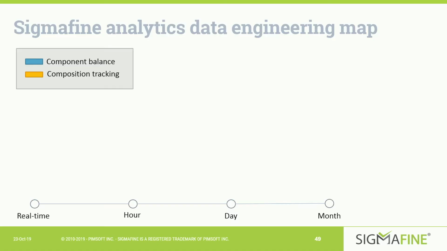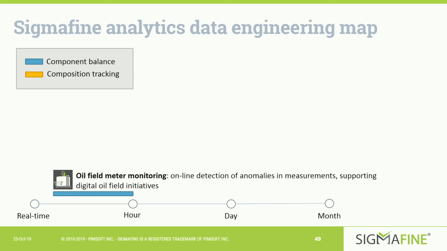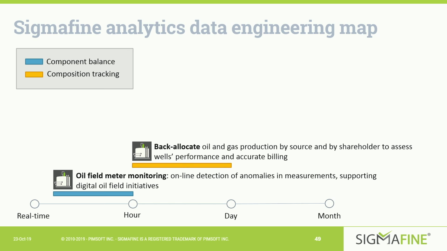So to recap a little bit the different examples that we looked at: oil field monitoring, detecting anomalies in the measurements. This analysis can be run near real time, hourly, whatever your application needs. We looked at the back allocation example, looking back at individual well performance or wells that are owned by different shareholders.